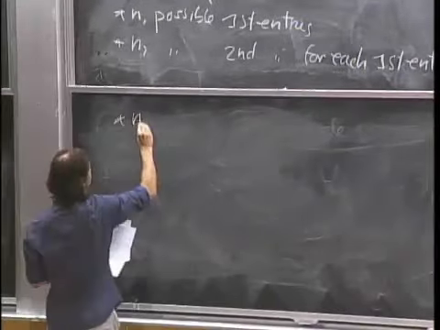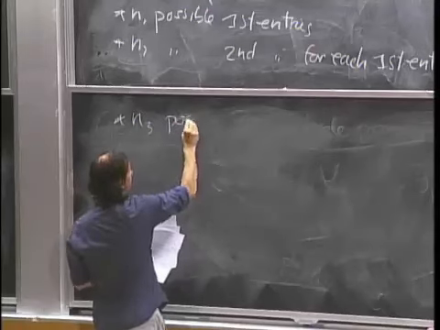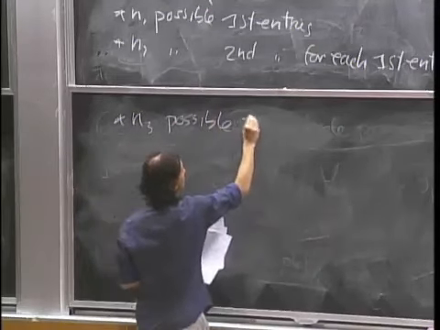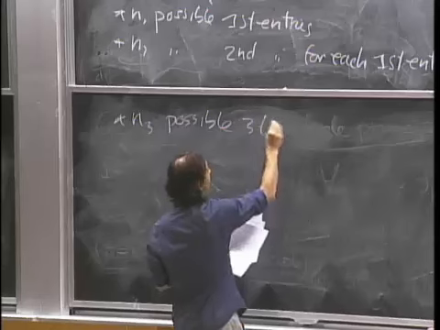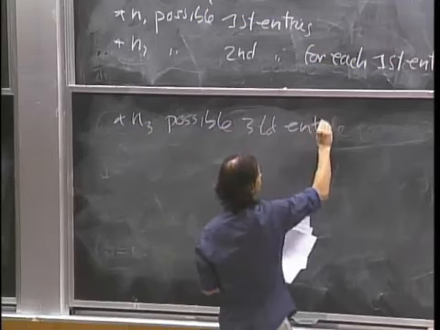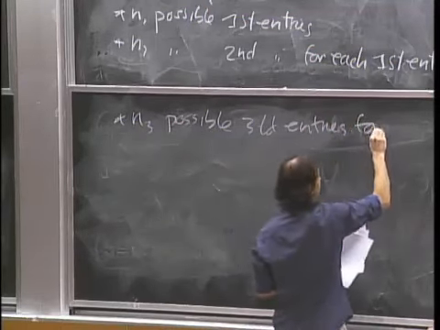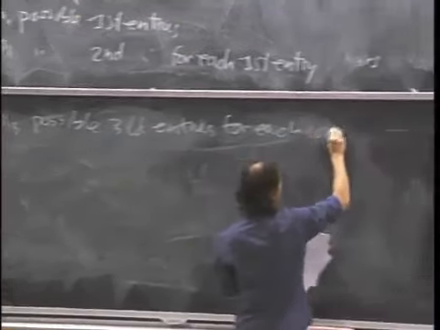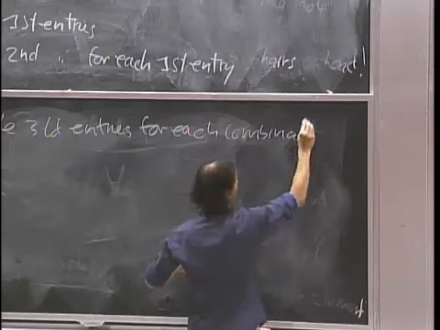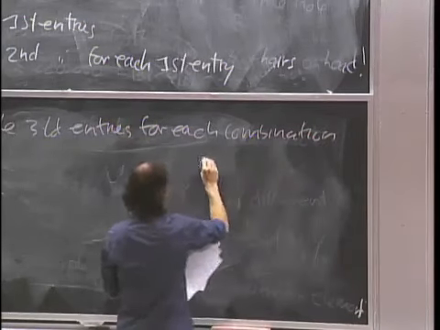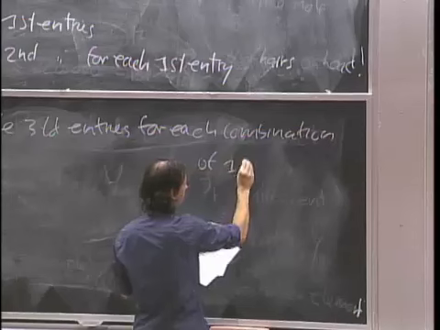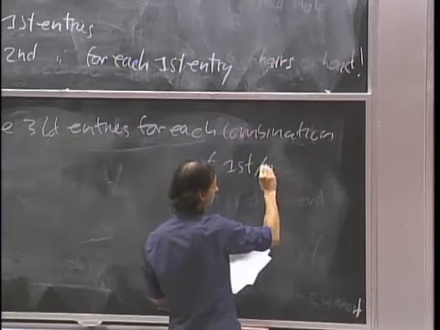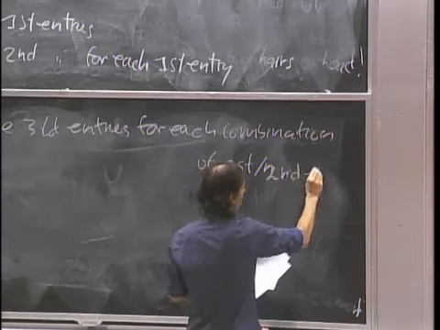So we have n3 possible third entries for each combination, in this case, of first together with second entries.